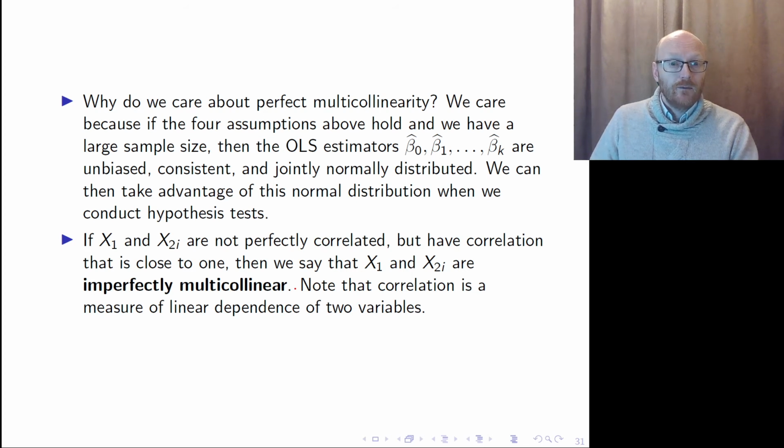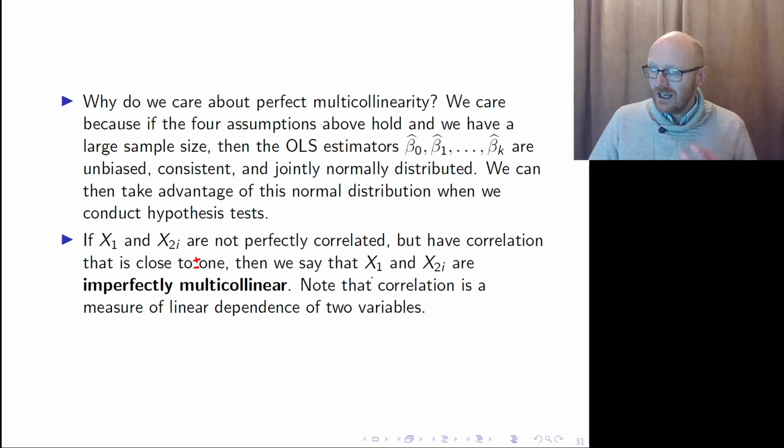And the last one means that we can do some hypothesis tests. Okay, so what if the x variables are not perfectly collinear, but they have a correlation which is close to 1, close to plus or minus 1, we should say.